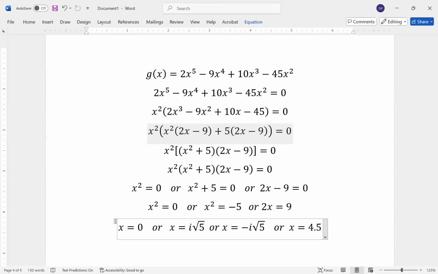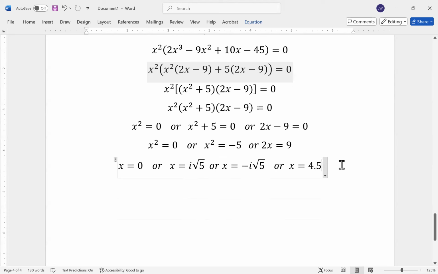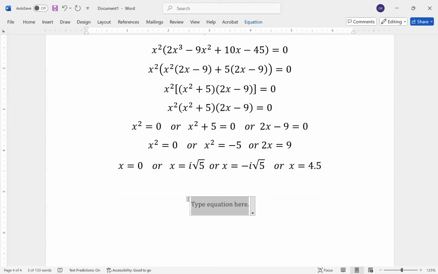So here are all of the zeros of this function. 2 of the zeros of this function are imaginary, so they are not going to be where we cross the x-axis. Therefore, if I'm looking for the x-intercepts, I only have 2 x-intercepts, one at the point 0, 0, and the other at the point 4.5, 0.